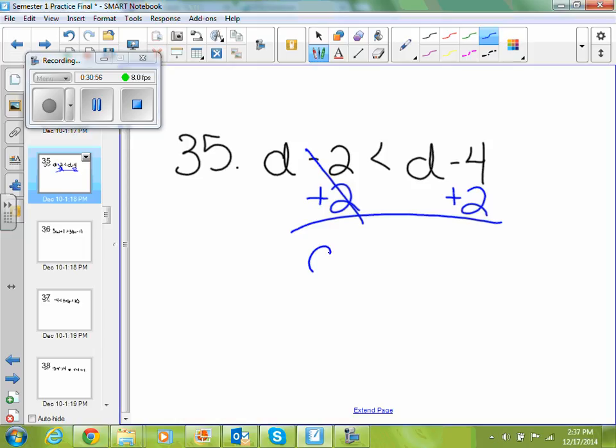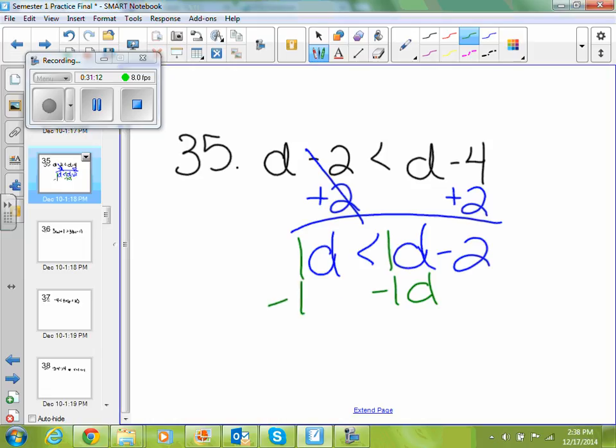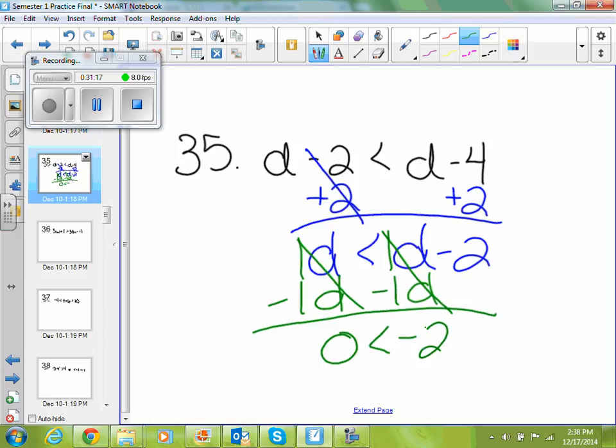Alright, so if I add 2, I get d is less than d, and negative 4 plus 2 is negative 2, so d minus 2. Now what? You get rid of the d, so subtract 1d. Remember, these are 1d's because they don't have numbers in front of them. So then this is 0, so 0 is less than negative 2.